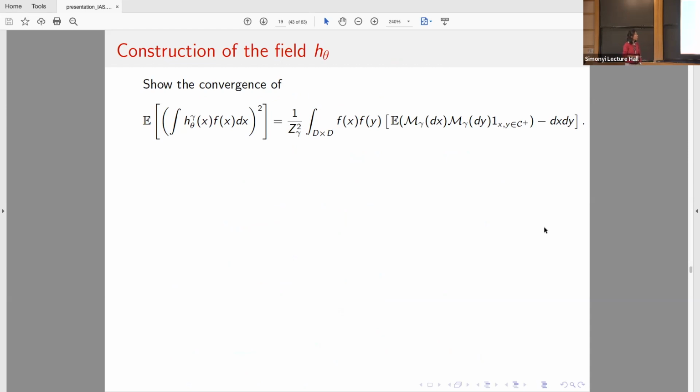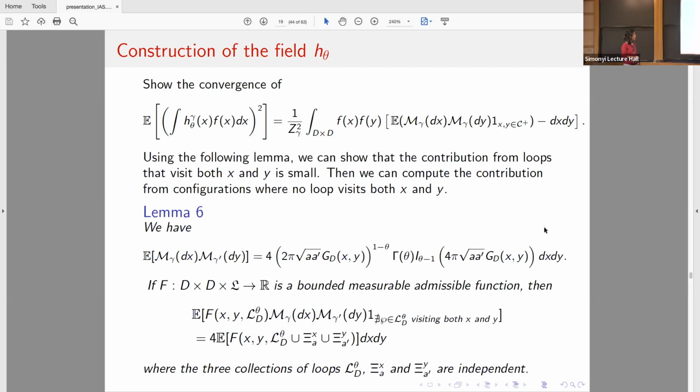By definition, this integral is written as some integral using the multiplicative chaos measure. And then we will use some lemma on the correlation of the multiplicative chaos measure. You see some rather complicated formula here.